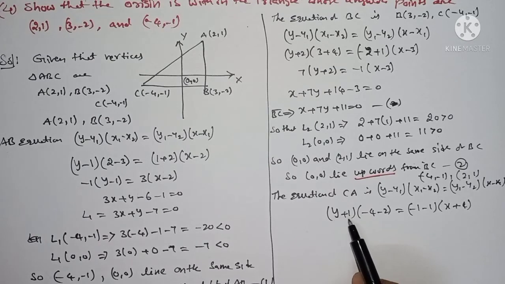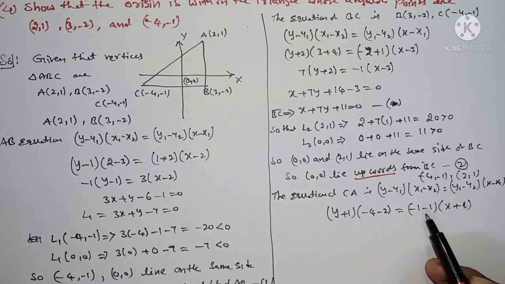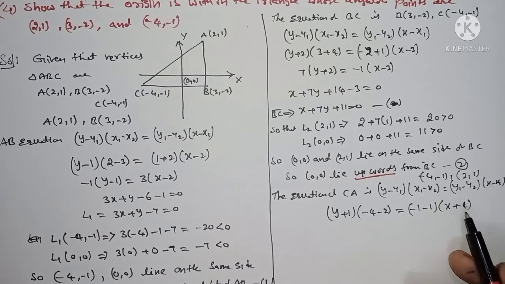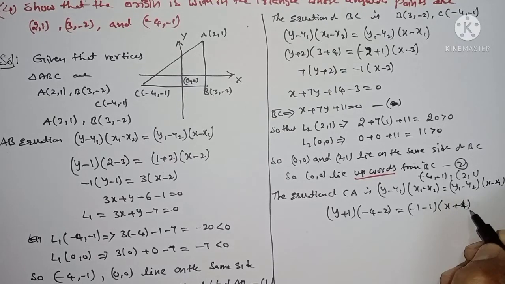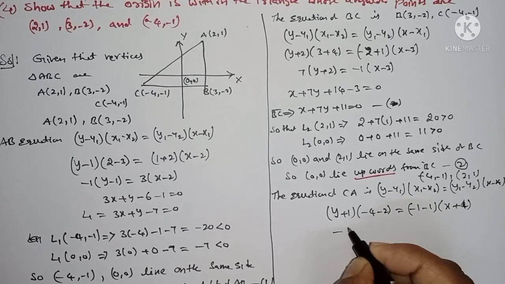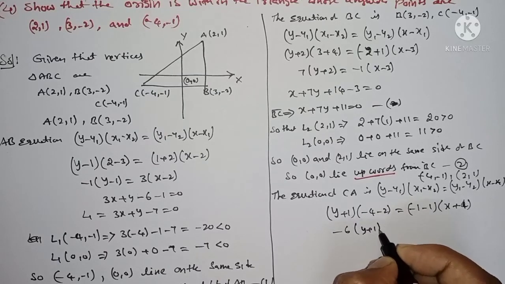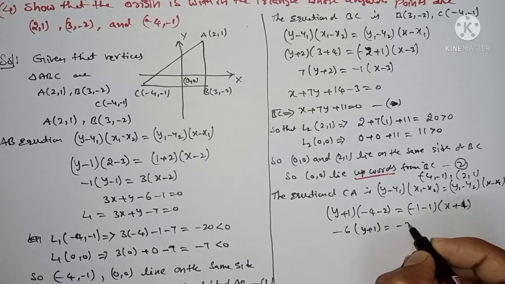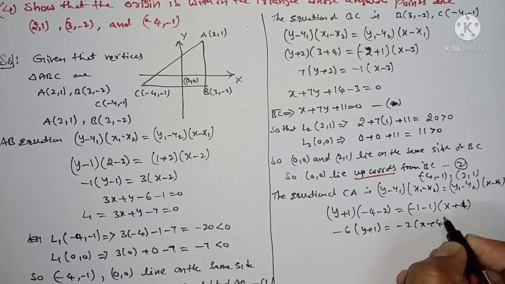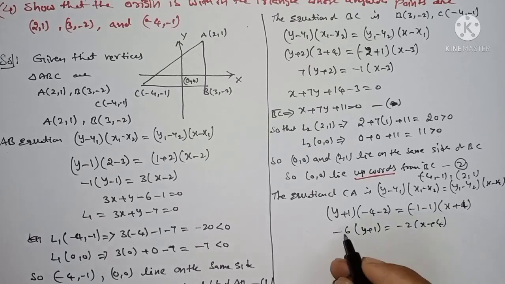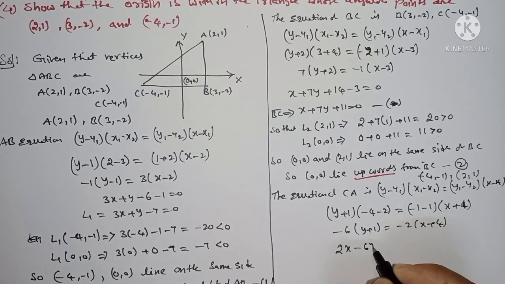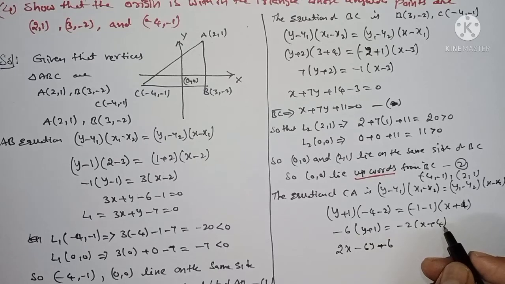What you get here: y plus 1 over minus 4 minus 2 is equal to minus 1 minus 1 over x plus 4. This is x plus 4. Therefore minus 6 of y plus 1 equals minus 2 of x plus 4. You can bring this side. The value is 2x minus 6y minus 6. Already this is minus 8 there.